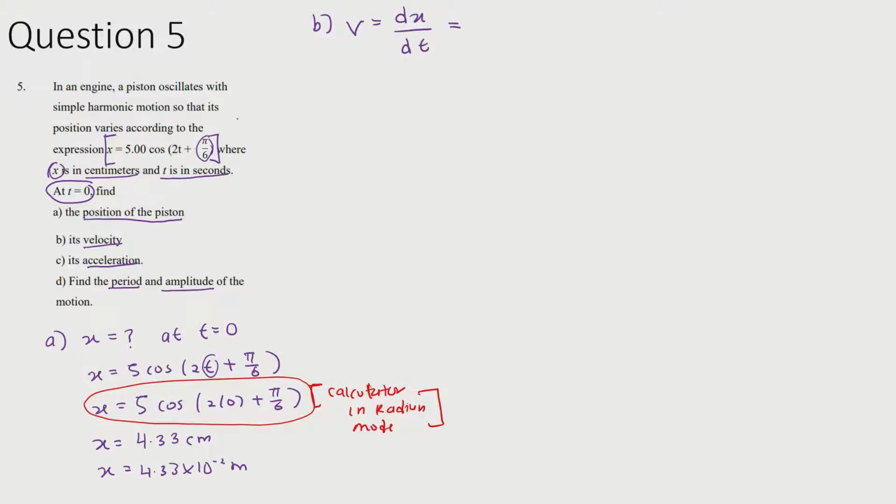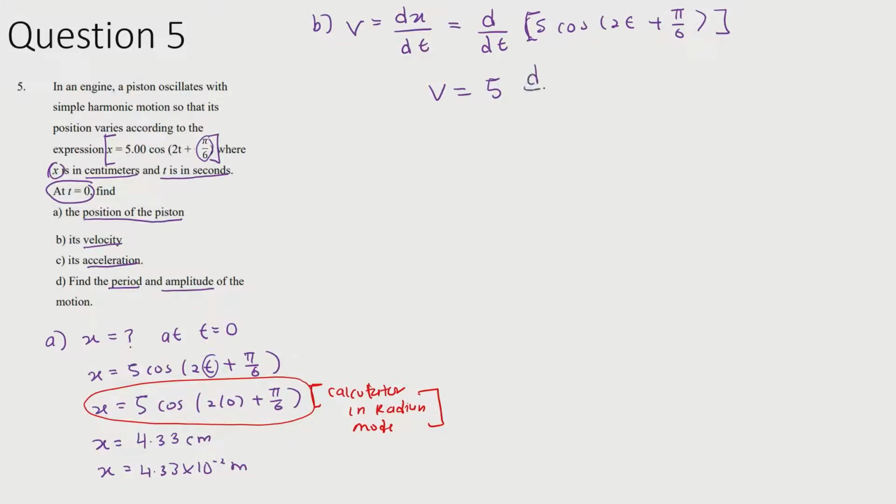So now we substitute our x into this equation, which will give you d over dt of 5 cos(2t + pi/6). Salin balik sahaja. Okay, now as I say, just bring the 5 to the front because we cannot differentiate 5 with respect to time.